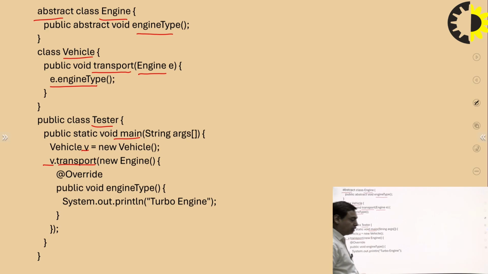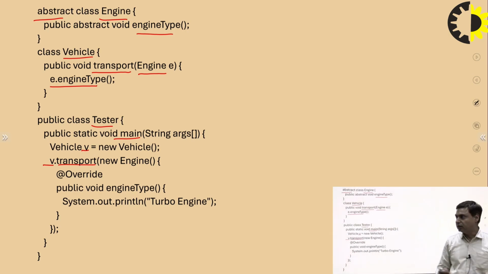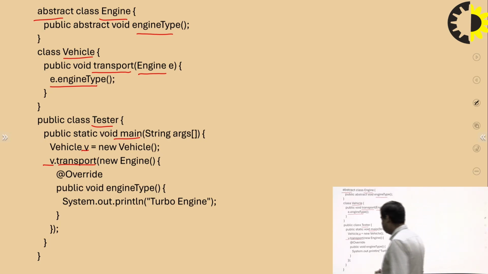So we need to create a class, then pass the object. But here we are creating an anonymous inner class, that is, we are creating a class and passing the object to this method. We are using the new keyword because we are not interested in any name for this object. This object, or you can say class, will be created of type Engine, so we are using Engine here.